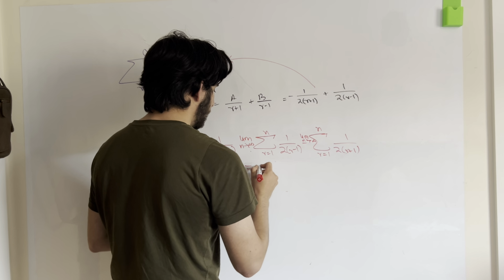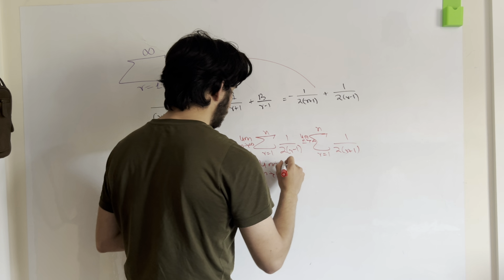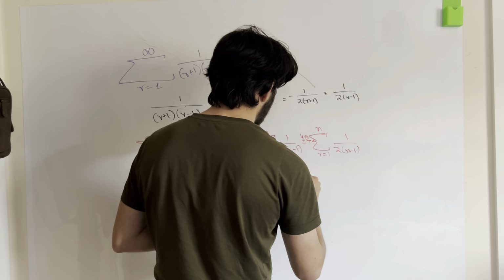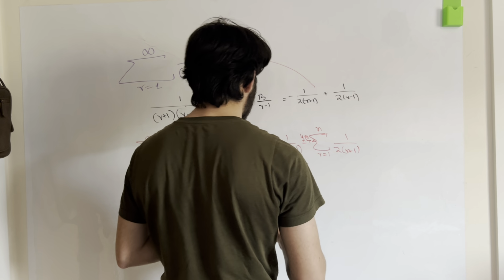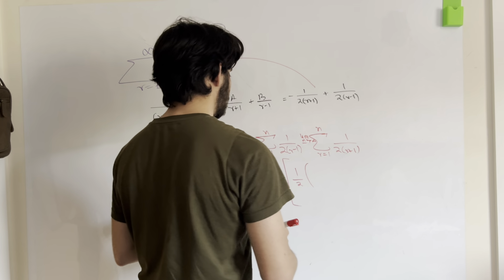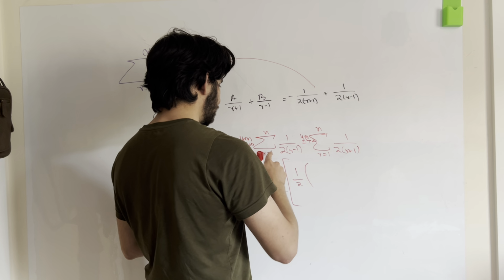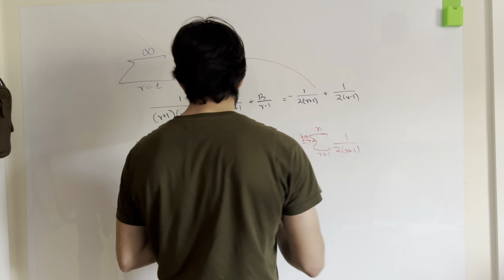So now I can write this as a limit as n goes to infinity of a large expression, a half times, and I'm just going to consider 1 over (r minus 1) now because I factored a half out. So this should start at 2, sorry.